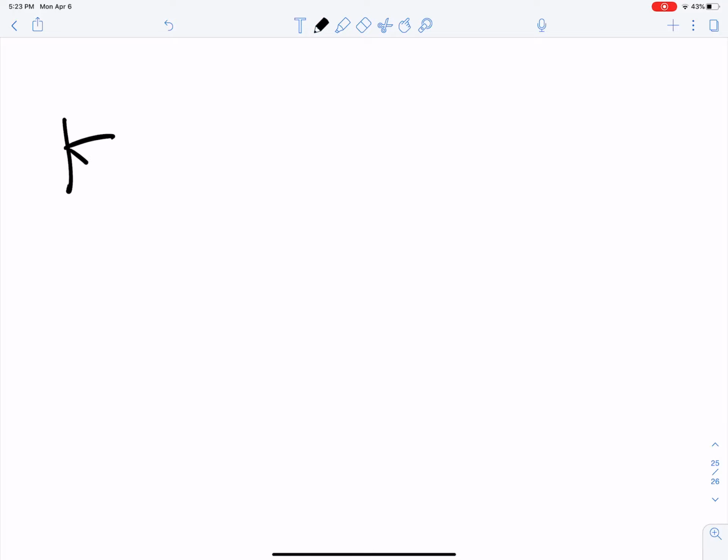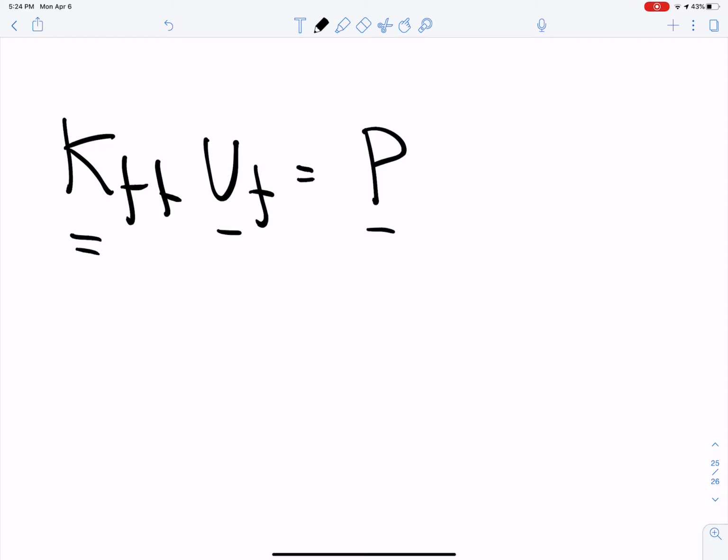right, where you have KFF times UF equals the applied forces, PF. And for this problem, these are 0. Okay. And you subtract P of 0. Okay. And the P of 0 is not 0.